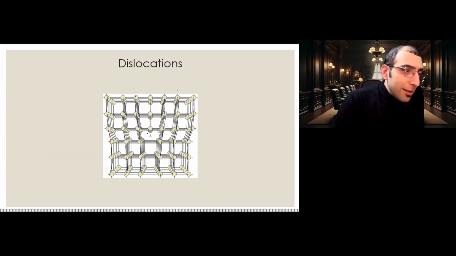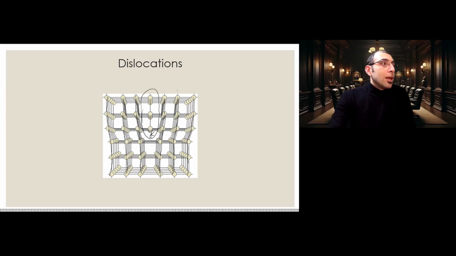Now you can see we have an extra half plane in here with this notation that you see over here. So this extra half plane we call a dislocation. This is an extra half plane that shouldn't be there, because if it was not there, then you had a perfect crystal, perfect order.